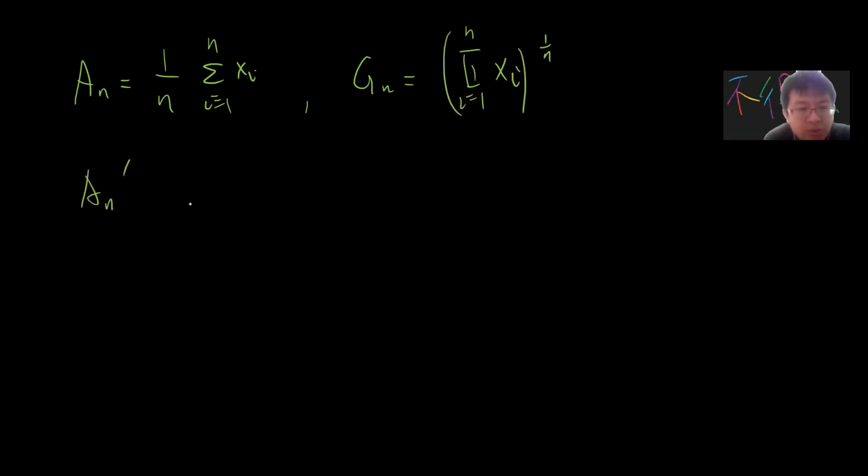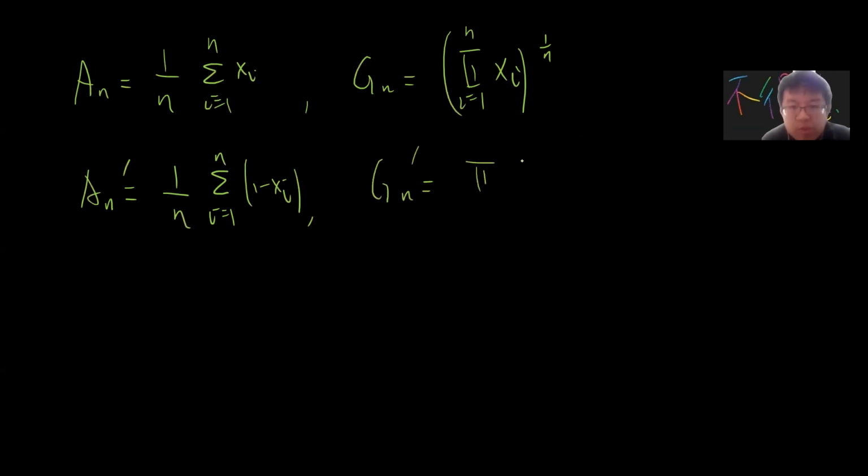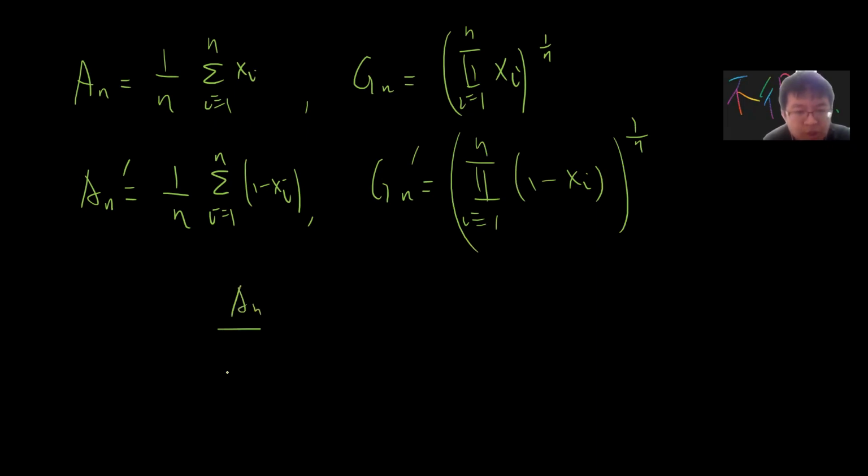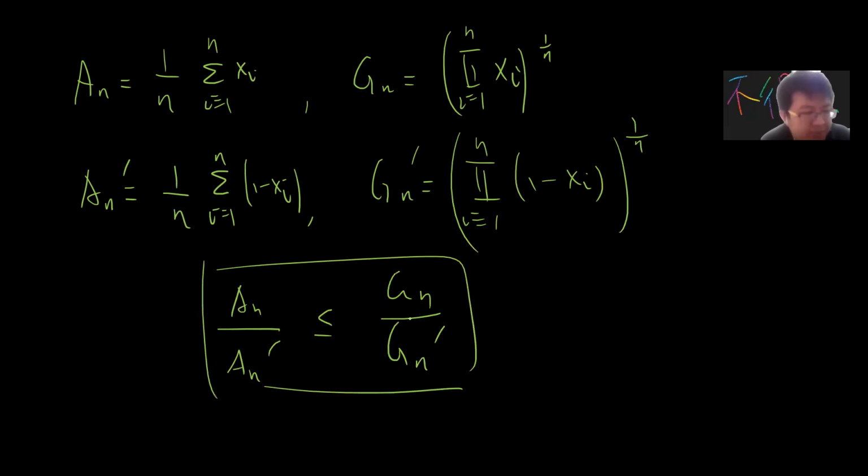Then you can define A_n prime to be 1 over n, sum over i from 1 to n of 1 minus x_i, and also define G_n prime to be the product of 1 minus x_i, i from 1 to n, to the 1 over n. This inequality can be written as A_n divided by A_n prime is less than or equal to G_n divided by G_n prime. I think you can check when the inequality holds. I think this is very simple, you can check for yourself.